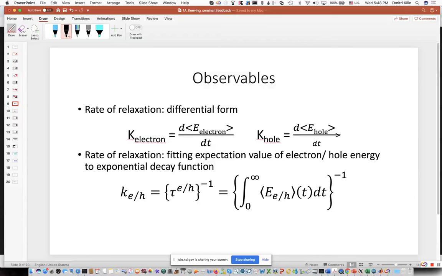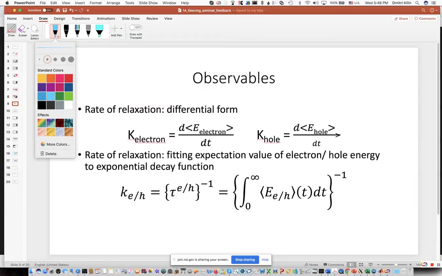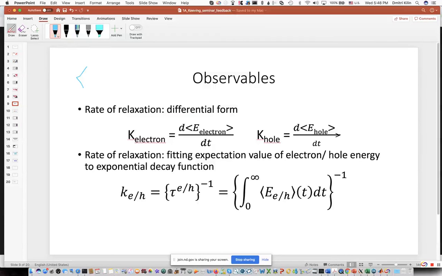Oh, before you start, between these two slides, we need one more equation that we were discussing last time, but it is not yet here. We need an equation for the energy of the electron as a function of time.